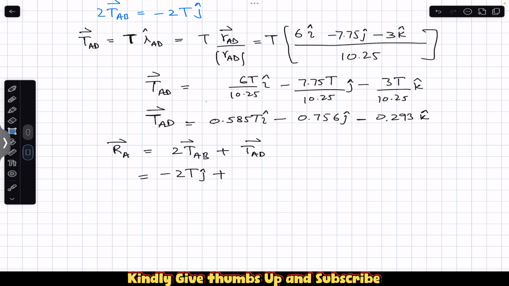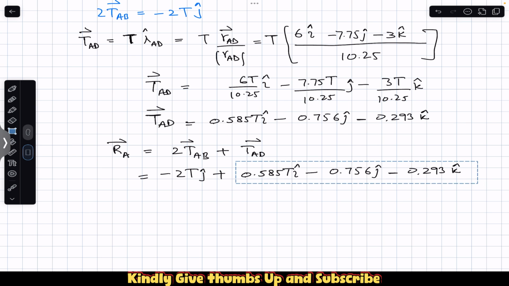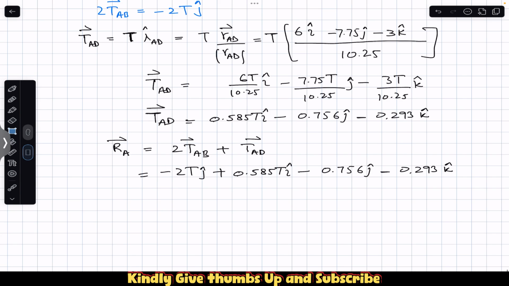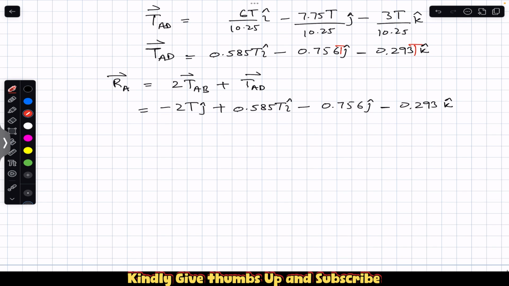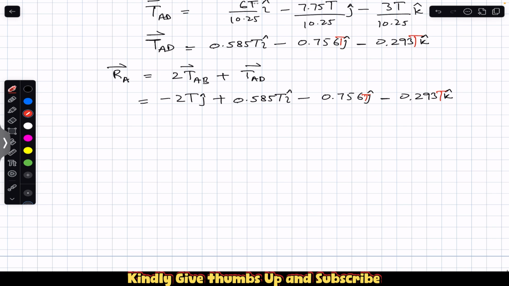So we will write this as it is. Now we can add this with this, and remember that here we have the T's as well. So this is the T and this is the T. Now we can simplify this.